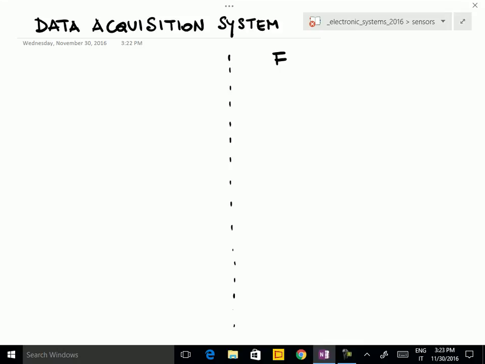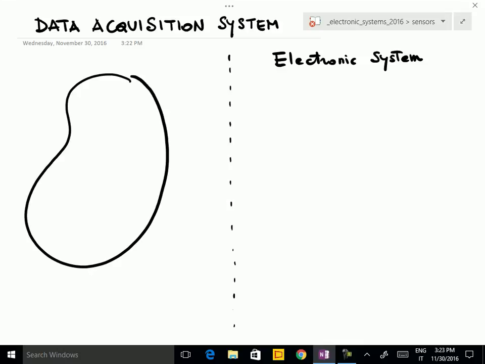We have on this side an electronic system, which is partly analog and partly digital, and let's assume that this is the world, the world that we want to measure, the object that we want to measure.